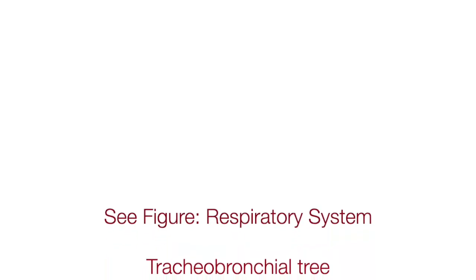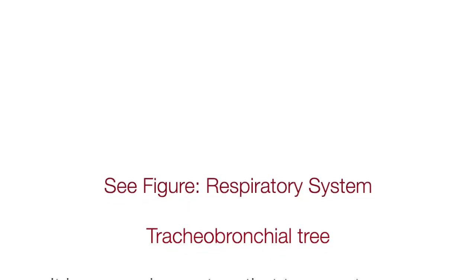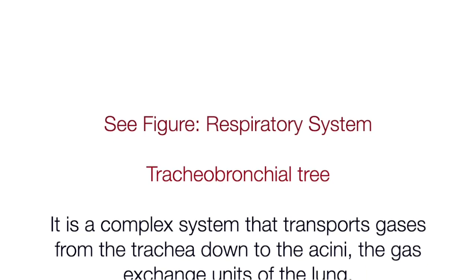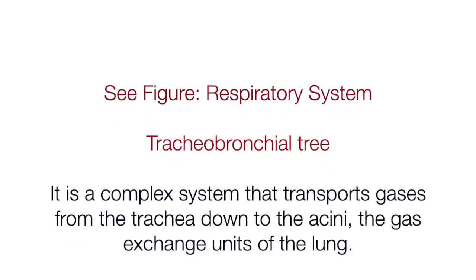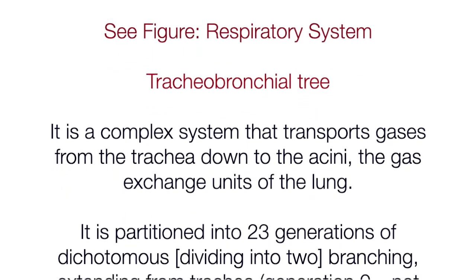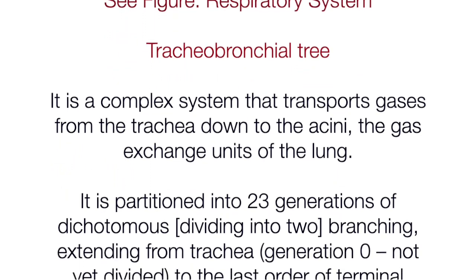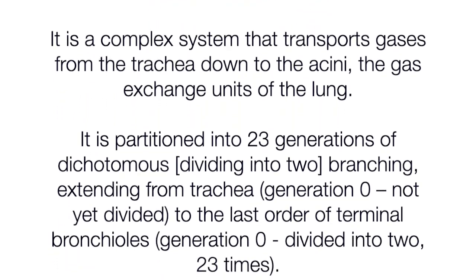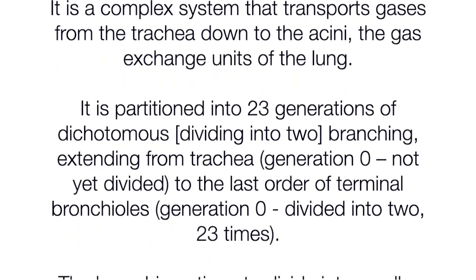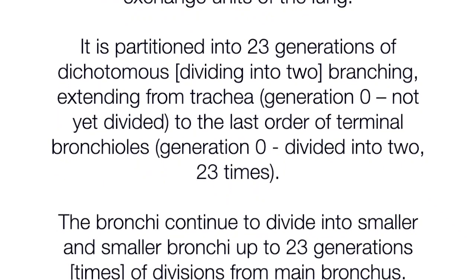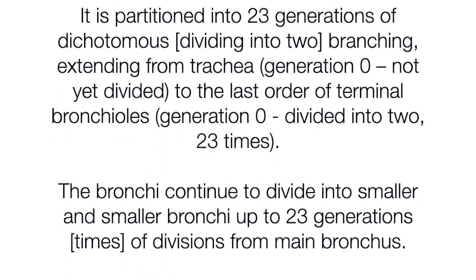See figure respiratory system. Tracheobronchial tree. It is a complex system that transports gases from the trachea down to the acini, the gas exchange units of the lung. It is partitioned into 23 generations of dichotomous, that is dividing into two, branching, extending from trachea, that is generation 0, not yet divided, to the last order of terminal bronchioles, that is generation 0 divided into two 23 times.